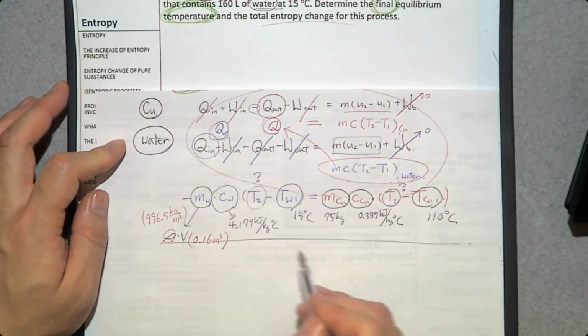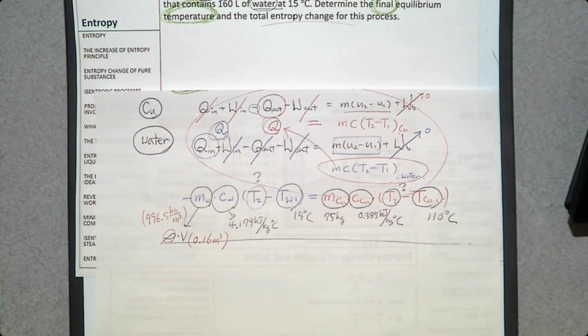And now we have one equation. How many unknowns? 2. This T2, this T2. Do we have 2 unknowns? No, they are the same. The final temperature of the mixture should be one temperature value, right? So the final temperature of the water is the same as the final temperature of the copper block, right?